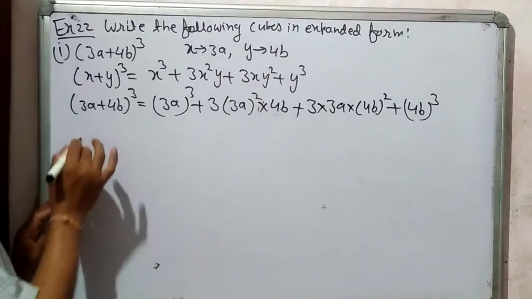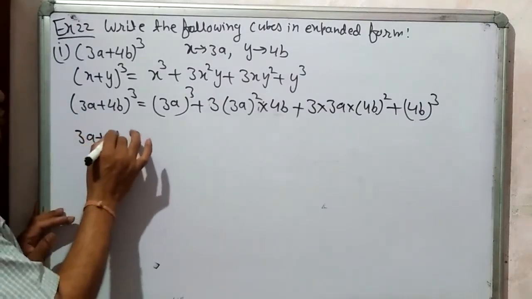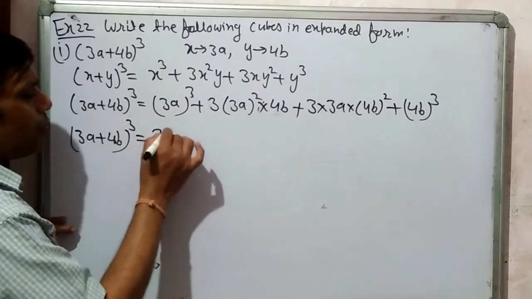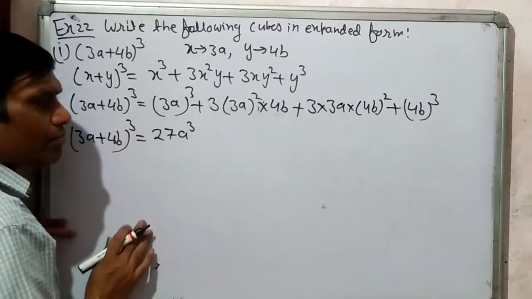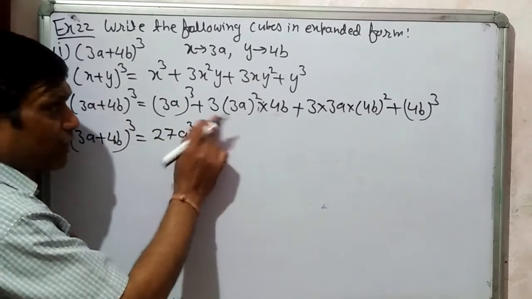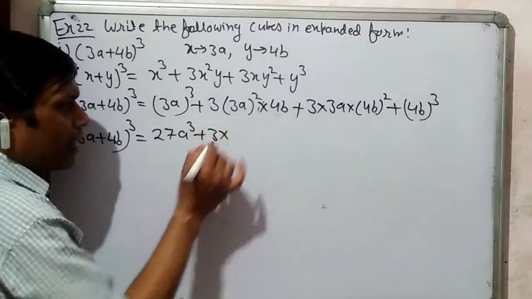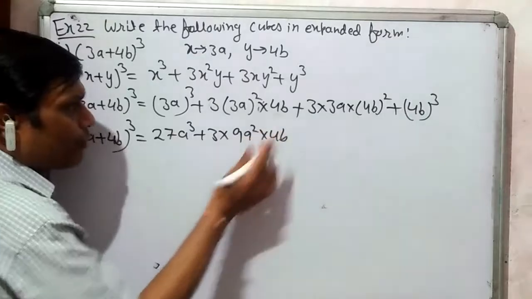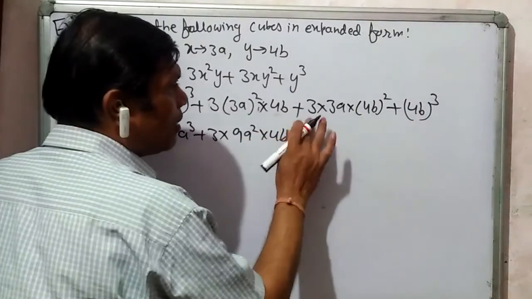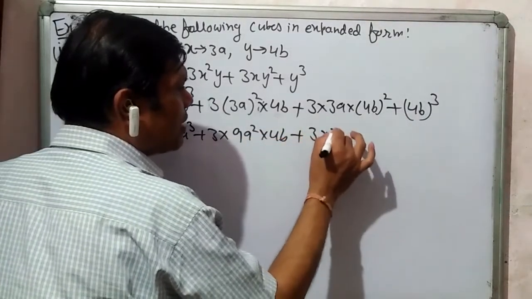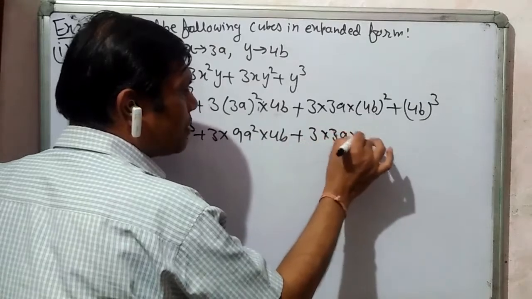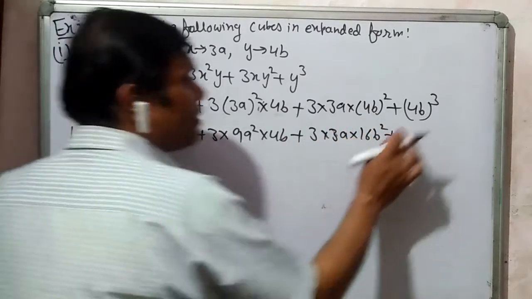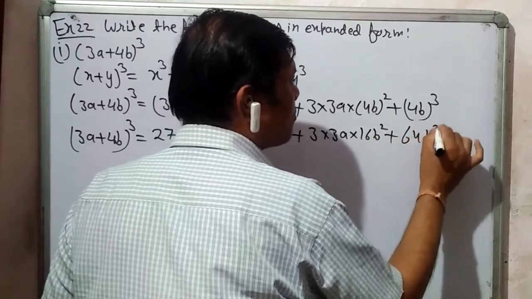We have simply to solve them now. 3a plus 4b whole cube should be 3a cube. This should be 27a cube. We have to do the square first, then multiplication. 3 into 9a square multiplied by 4b. We can multiply them. Nevertheless, we will do the square first. 4b square is 16b square. We can solve the cube, which is 64b cube.